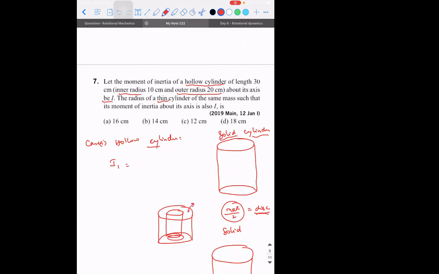Since some solid is present, can I say it's like a hollow disk also? Am I right, guys? Are you able to understand what I'm trying to say? So this hollow cylinder will be behaving similar to a hollow disk.